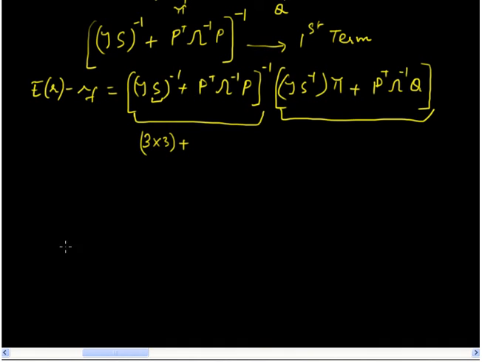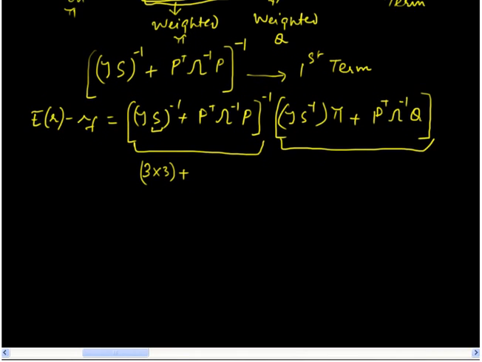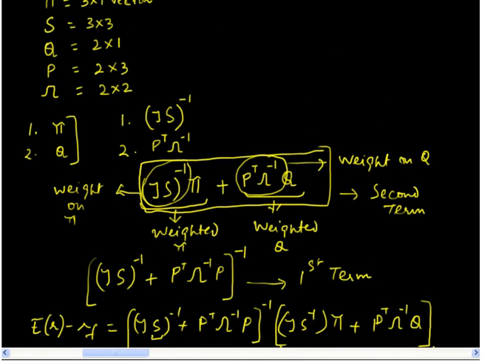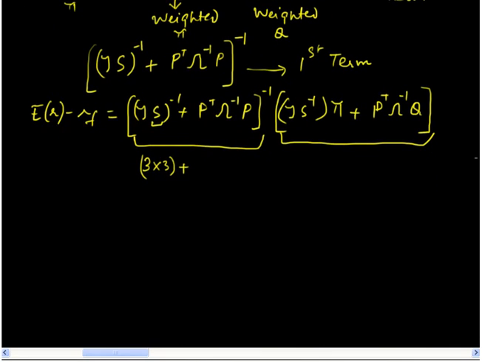Let's scroll back up and see. I believe it was 2 by 3. So P here, which was our link matrix, was of the order of 2 by 3. When we take the transpose, we are interchanging the rows and columns. So we can write P transpose as a matrix of order 3 by 2 multiplied by omega inverse.